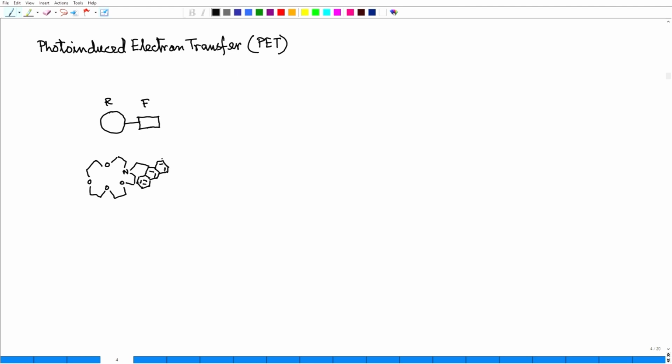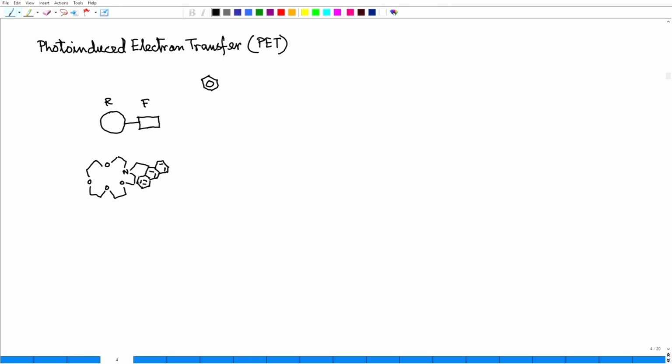Okay, so this is a fluorophore, this is an anthracene. So far we will be using only a benzene ring to draw it like this, from now on, because of time shortage.